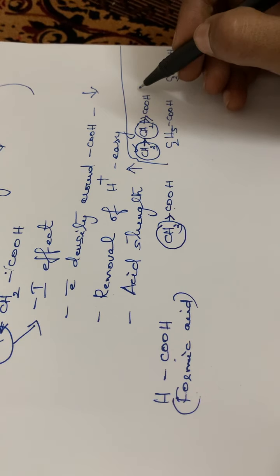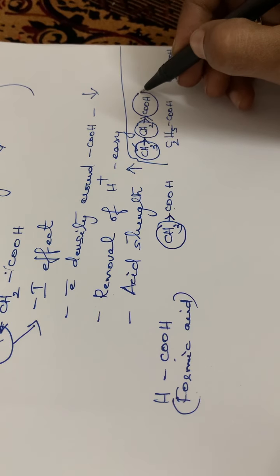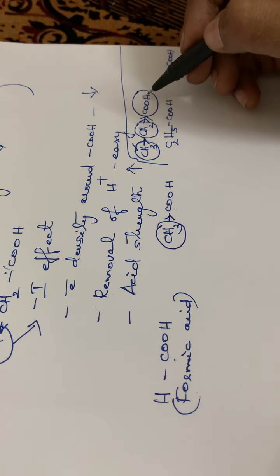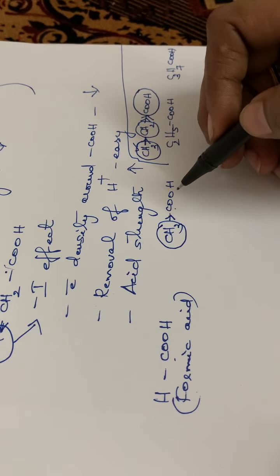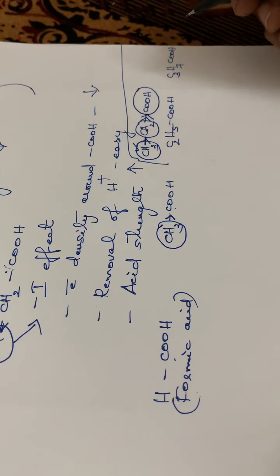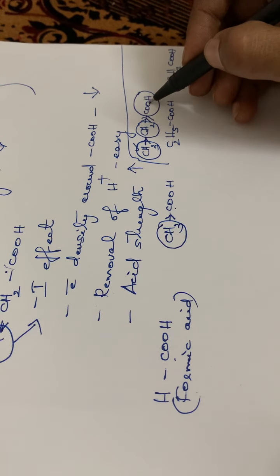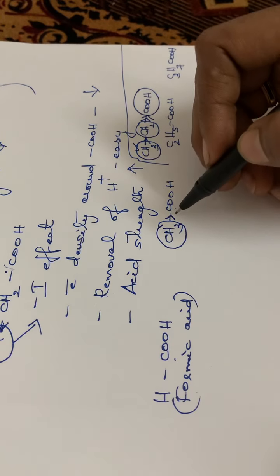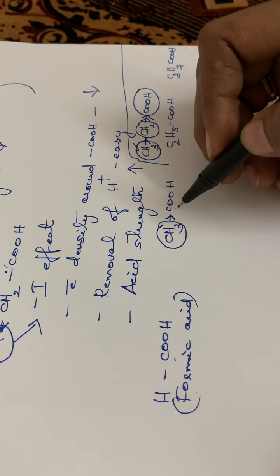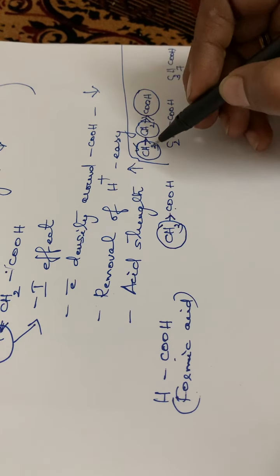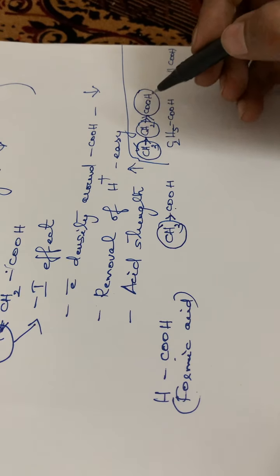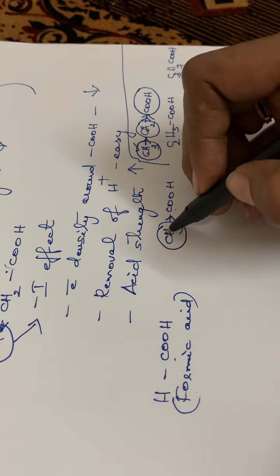So what happens? The electron density around this COOH group will further be increased than in the case of acetic acid. Okay, so here the electron density is further increased while comparing with that of acetic acid. So in the case of propanoic acid, two alkyl groups are there, here one alkyl group.